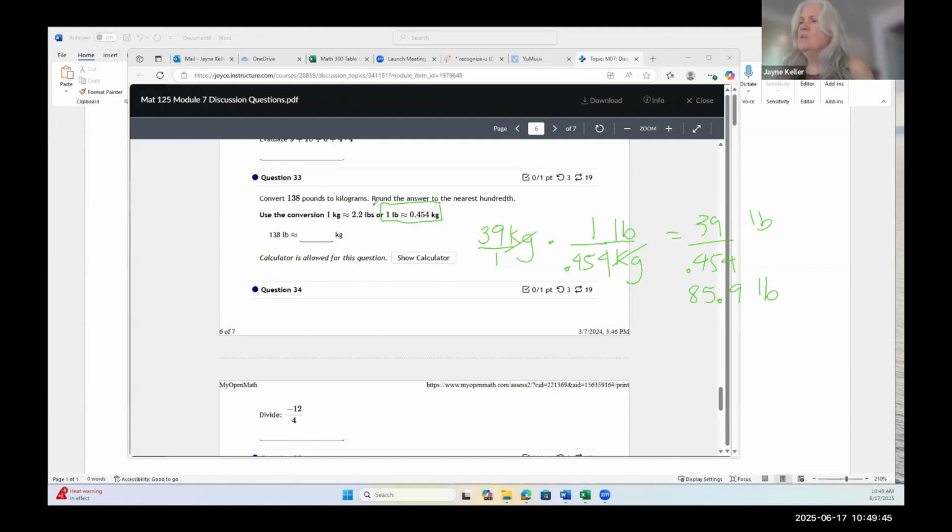Now, could I have also done it this way? Let's see. 39 kilograms over 1 times 2.2 pounds over 1 kilogram. So that means I have 39 times 2.2, which gives me 85.8.